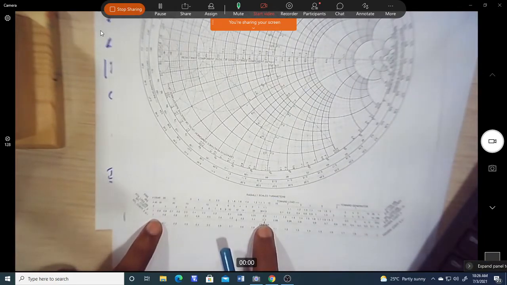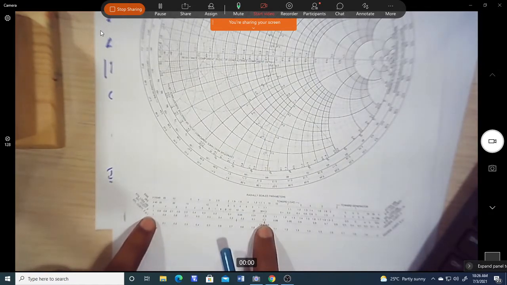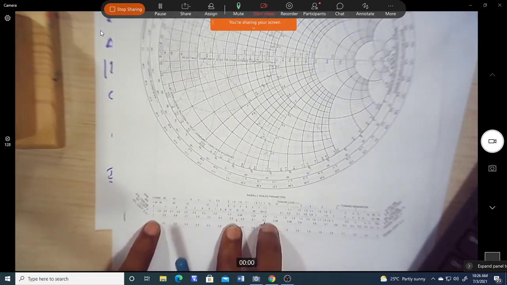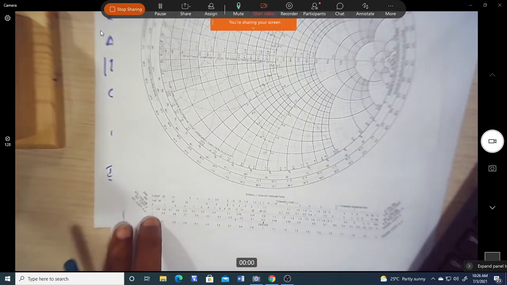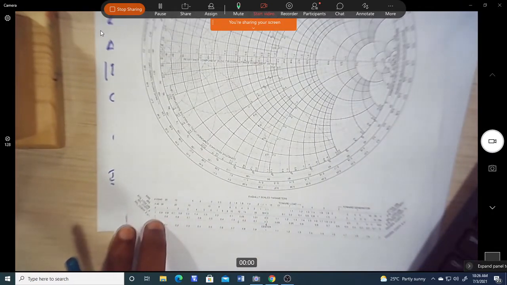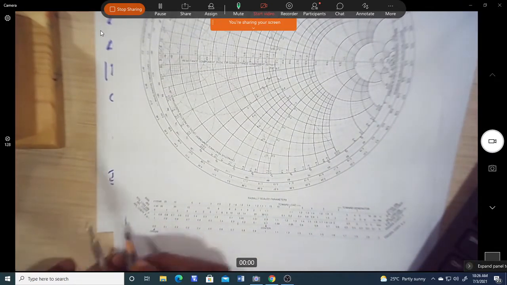Okay, but I need an extra 0.25 in order to locate that CL, the center of the output stability circle. CL means the center of the output stability circle. So that extra 0.25, from 1 to 1.25, I am taking from this scale and adding from 1 to that point. This is the extra 0.25 value.